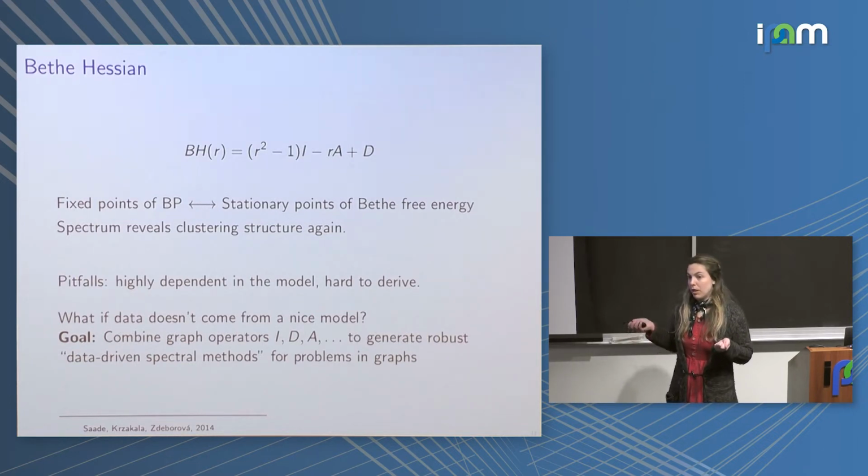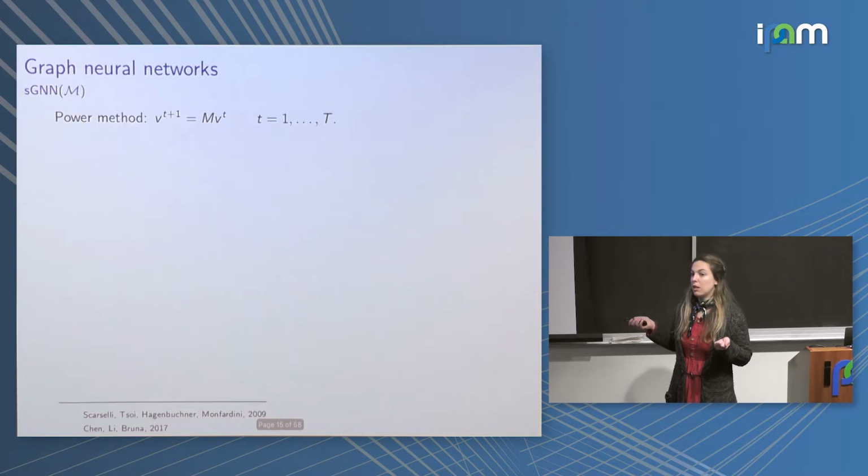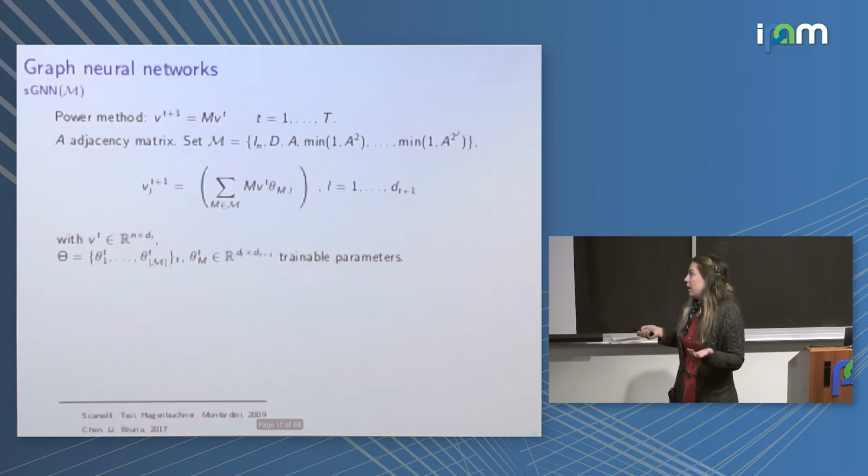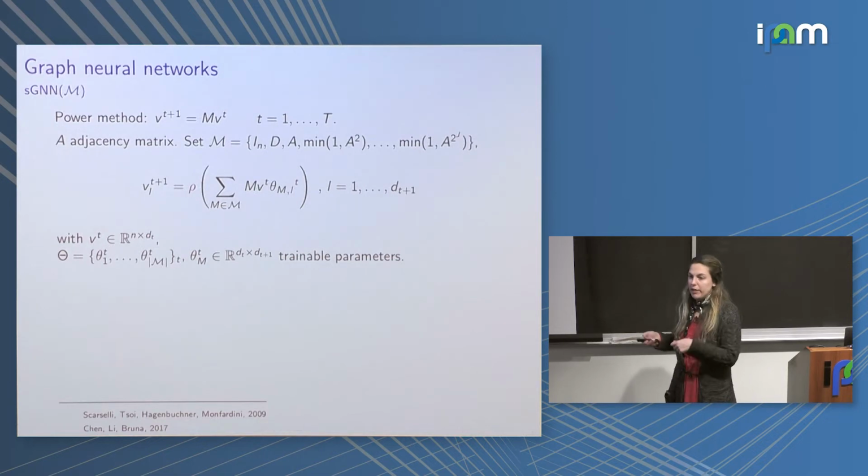So you kind of learn linear algebraic properties of your adjacency matrices that are invariant against permutation, and that will help you solve your specific problem. In this case, it's supervised: given your training data, what is the spectral method that allows me to recover this solution?